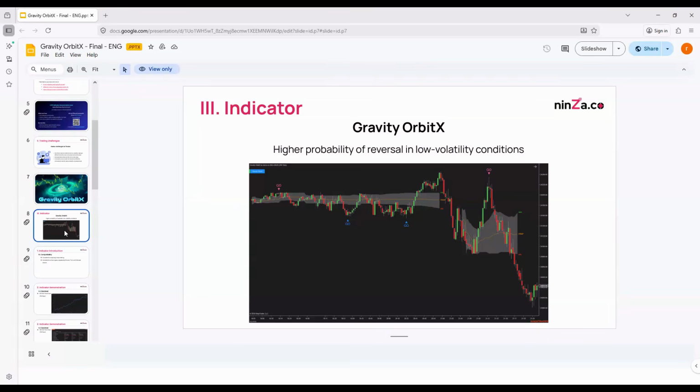Some indicators that do really well when the market is trending and very directional don't do so well when markets are range bound. And let's face it, probably more than 60% of the time, markets tend to be range bound, not directional. What this indicator does is identify areas of low volatility.